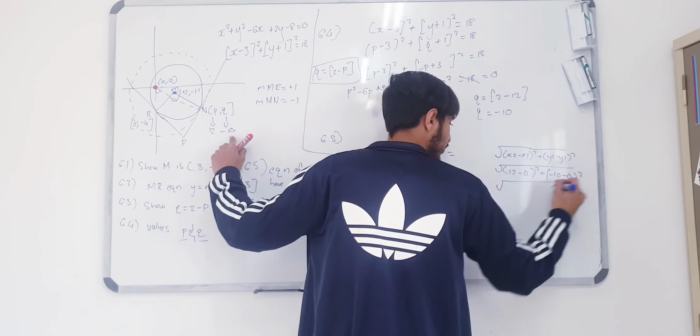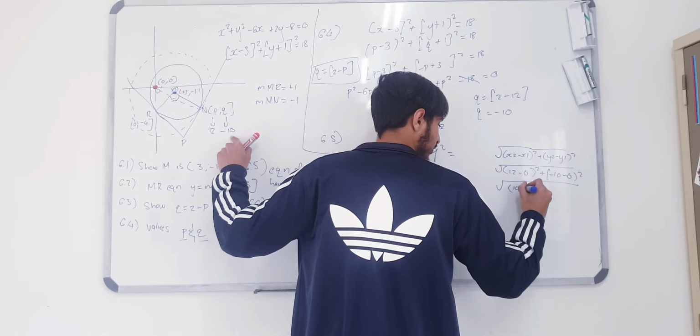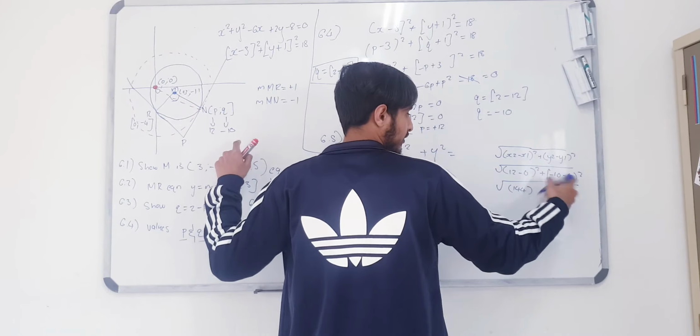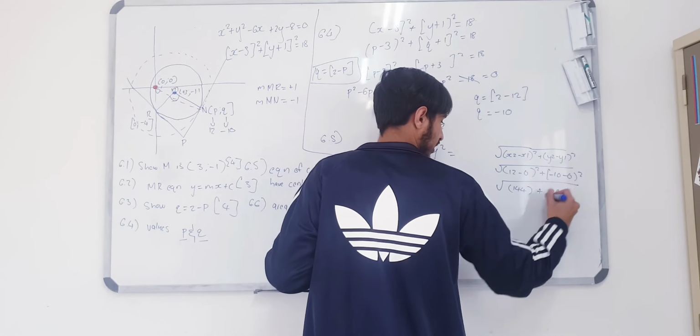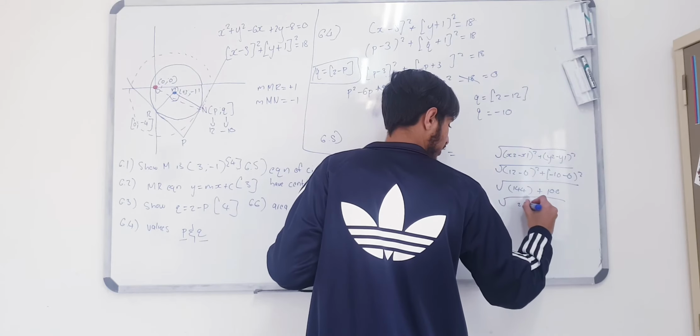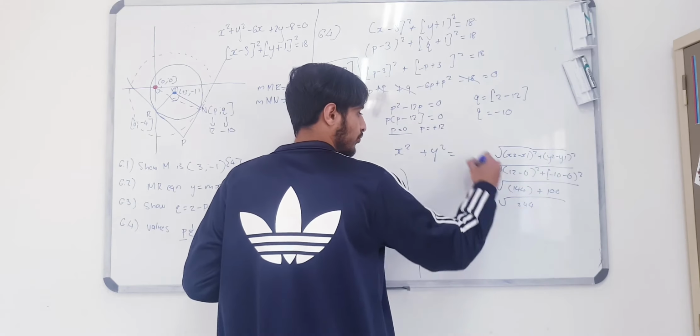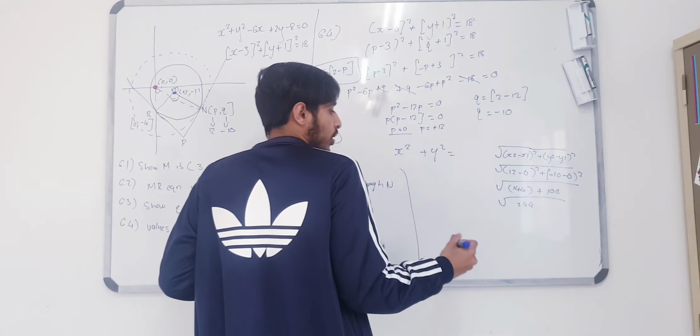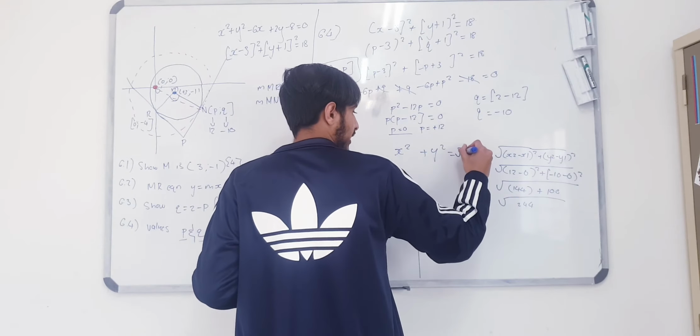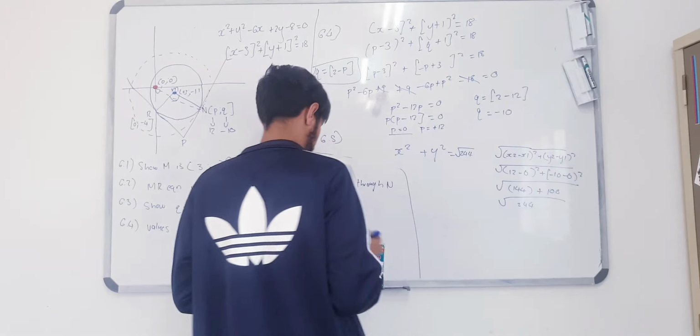Now if we go ahead and do this here, 12 squared is 144. Right, and if you say plus 100 here, it gives you 244, and whatever the root of 244 is, you basically go and put it there because it will be your radius.